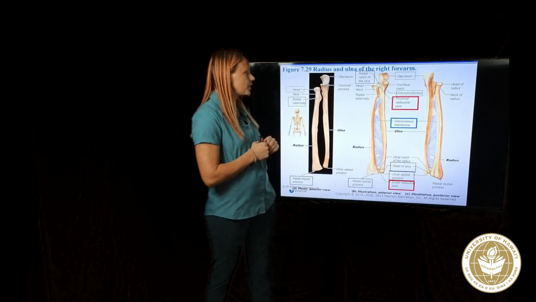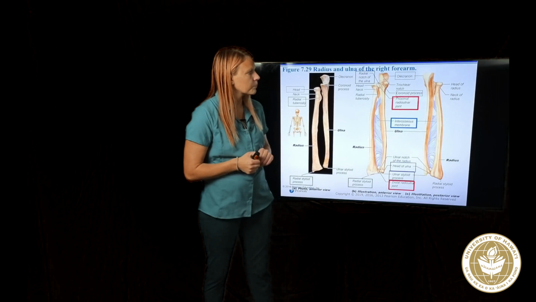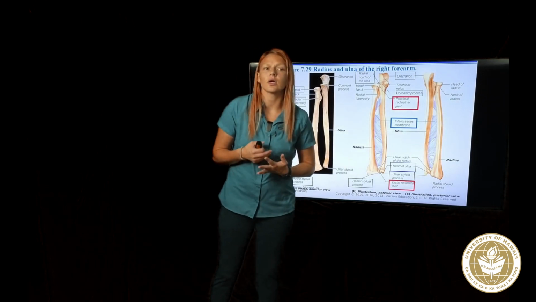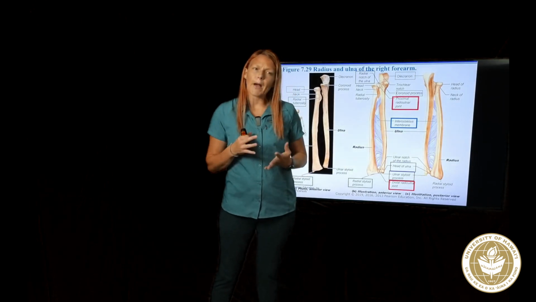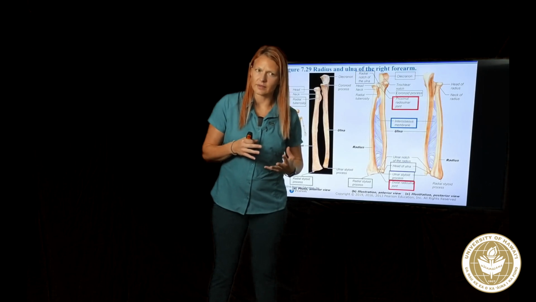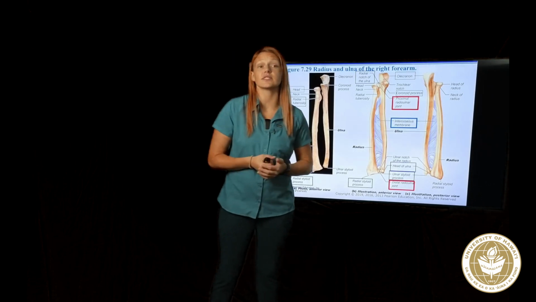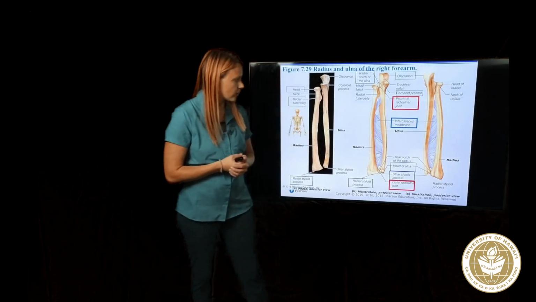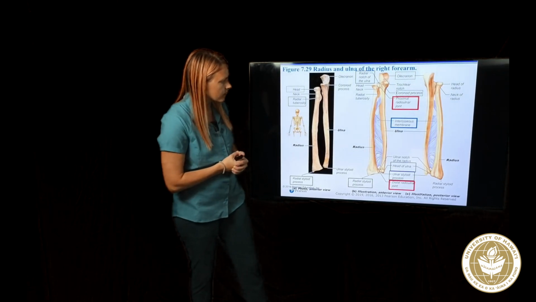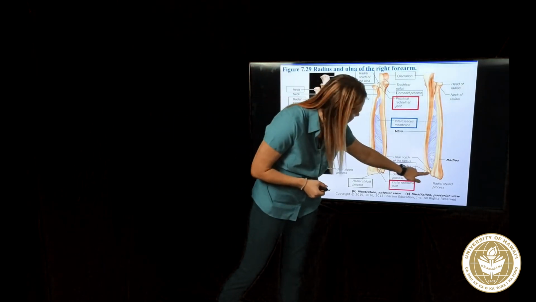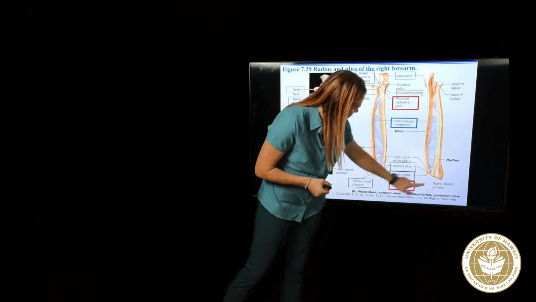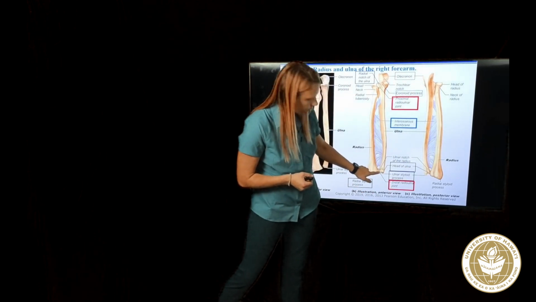The ulnar notch is going to bind to the radius, but it also binds to the styloid process of the wrist. So if you look down here, you can see that ulnar notch right here in the posterior view, and right here in that anterior view.